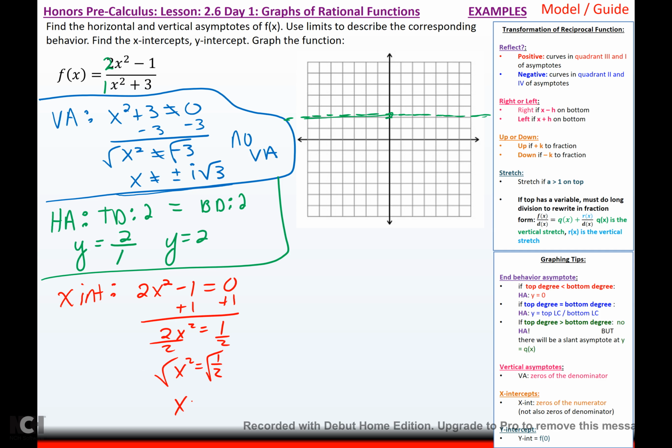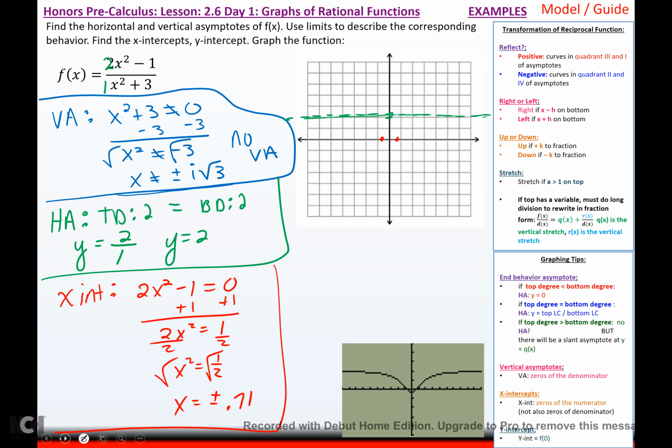Square root, x equals plus or minus the square root of 0.5, which is 0.71 if I round. So this thing's going to cross the x-axis at positive 0.71 and at negative 0.71. Okay, so now I'm going to find my y-intercept.